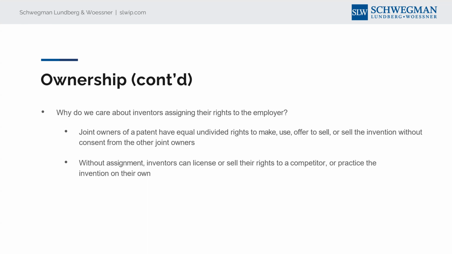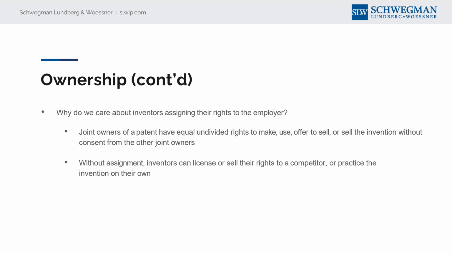Then you could have a situation where you've got an individual inventor and a company owning the invention, and they can sell it, license it, practice it, do whatever they want independent of each other, just ships passing in the night. Whereas if each inventor were to assign it to a common entity, then you just have one entity controlling what's done with that invention. So you can imagine the potential mess here if there's joint ownership as opposed to it being assigned.